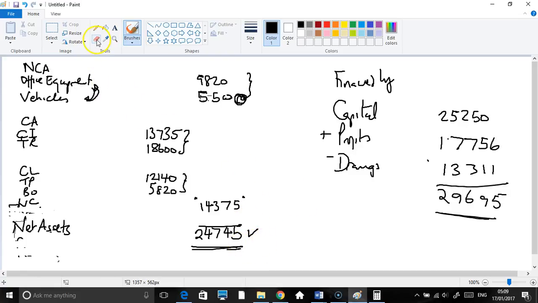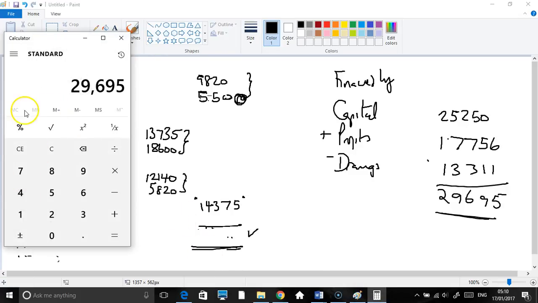Let's get rid of this. Let's add it again now together and see if we are correct. So what I want is 9820 plus 5500 plus 14375.